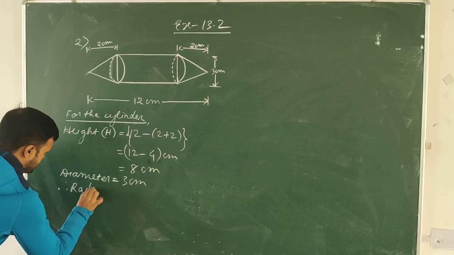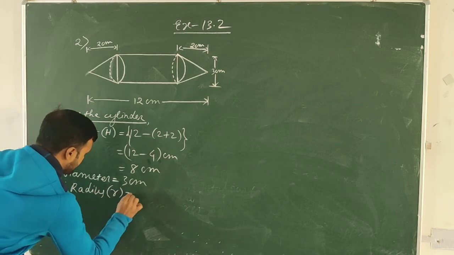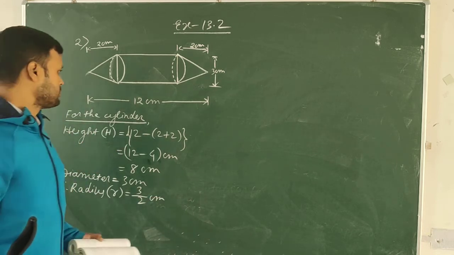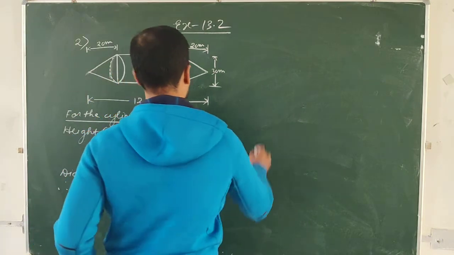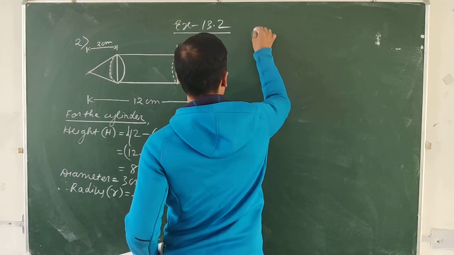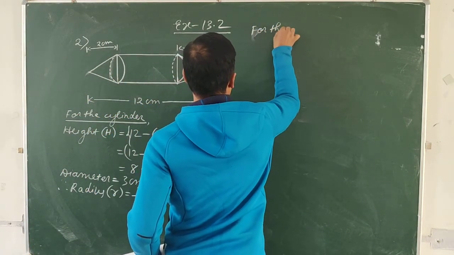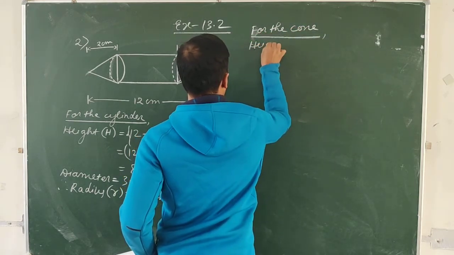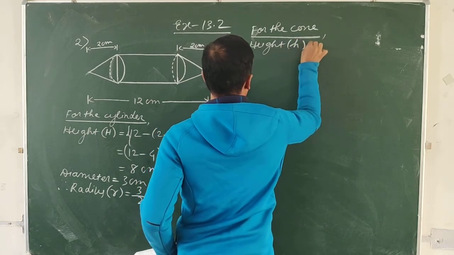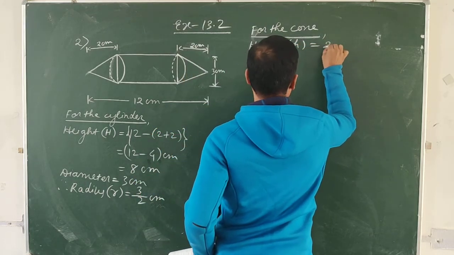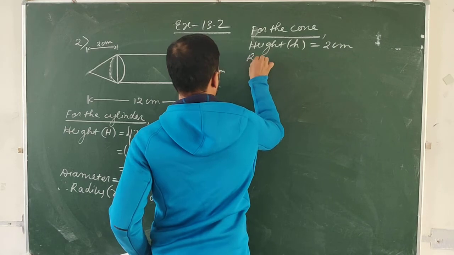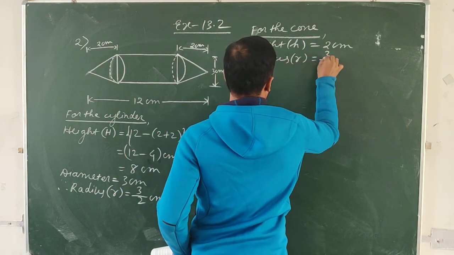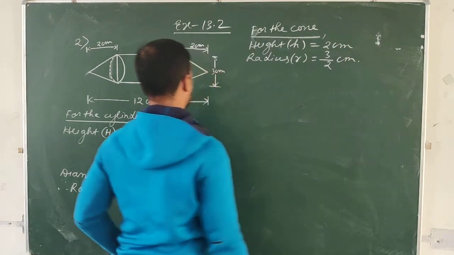Therefore, radius R will be 3 by 2 cm. Okay. So for the cone, height h is equal to 2 cm, radius R is equal to 3 by 2 cm.